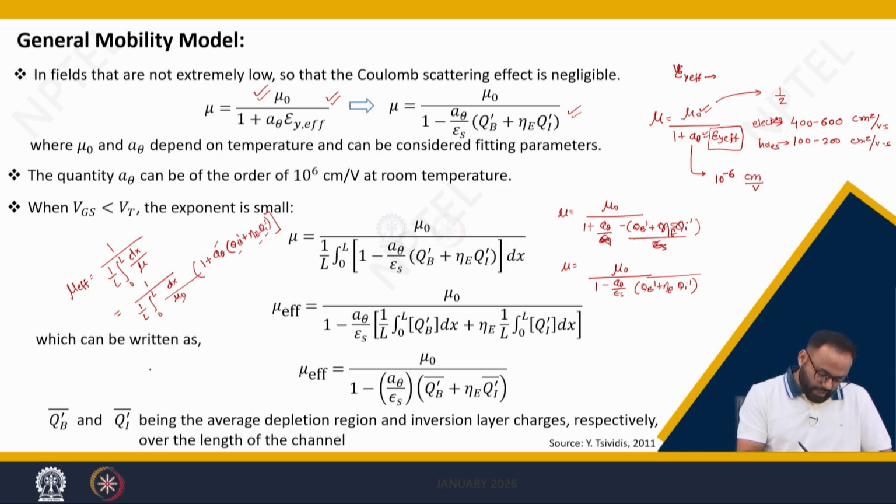So this can be solved as, this mu naught will go in the numerator, mu naught divided by, now you need to take an average, in the sense 1 by L integration 0 to L dx plus A theta by epsilon s, sorry I missed a term epsilon s, into 1 over L integration 0 to L Qb dash dx plus eta E 1 over L integration 0 to L Qi dash dx.